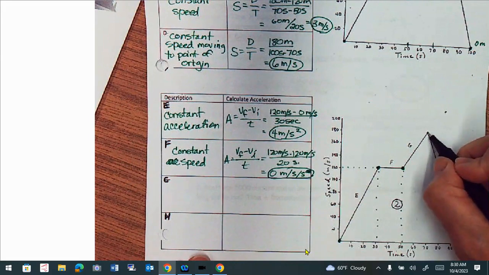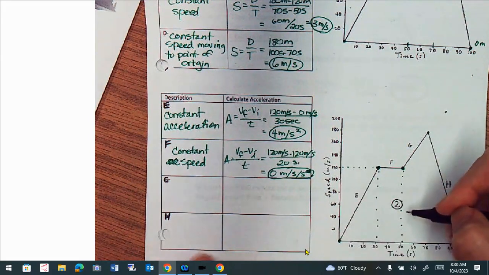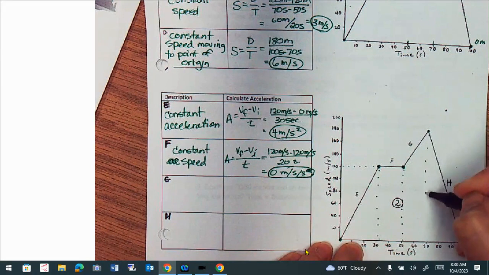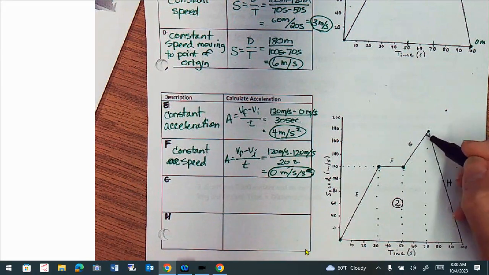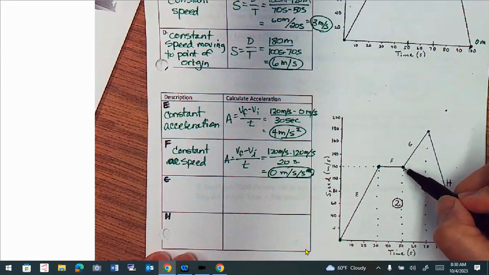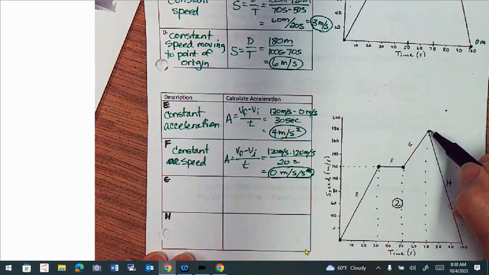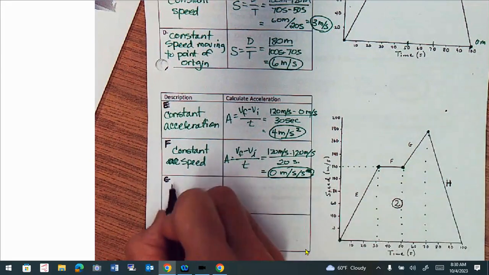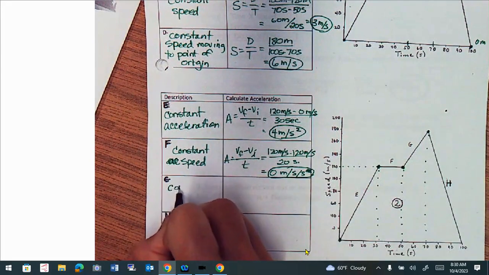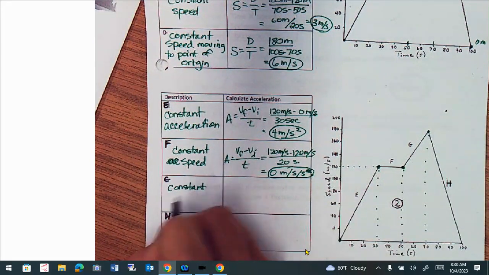All right, for G, this object is traveling at a constant acceleration because as time goes by, its speed is increasing at the same rate. So instead of constant speed here, we have constant acceleration.